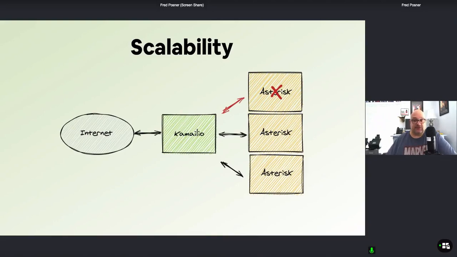This dispatcher module makes it very easy to do this type of monitoring and load balancing, and can even continue probing that down node and reactivate it once it becomes responsive again. So for example, if you were just rebooting it. Kamailio can divert the traffic to the other available nodes and then reintroduce traffic to that node once it comes online again.